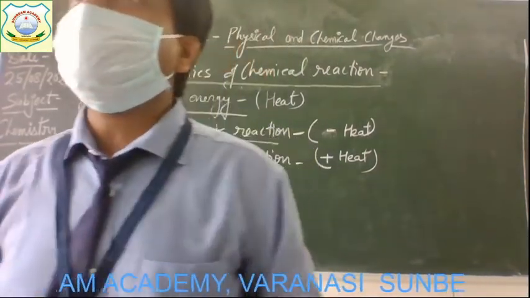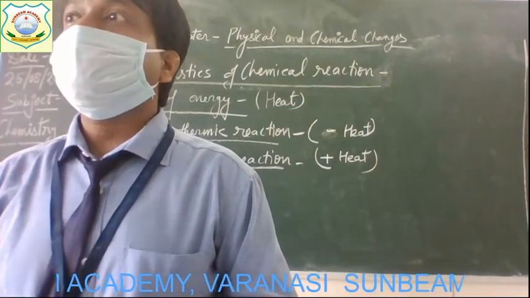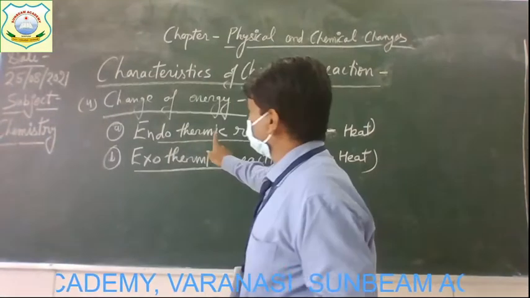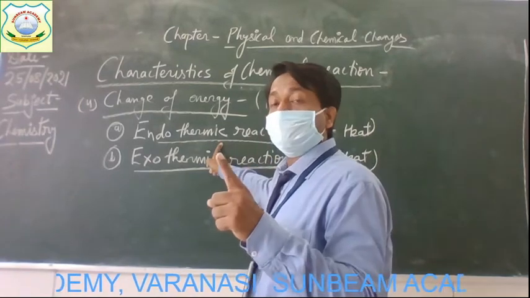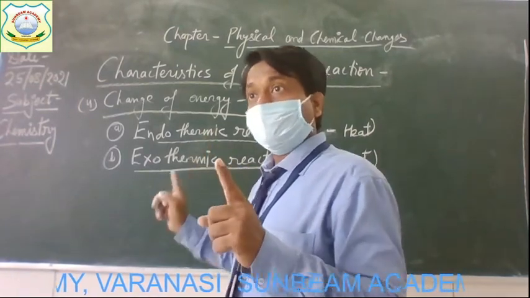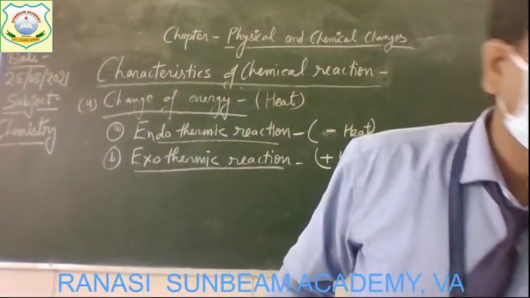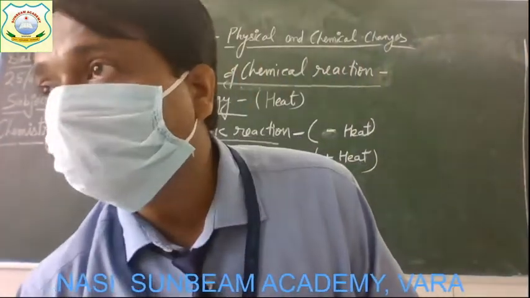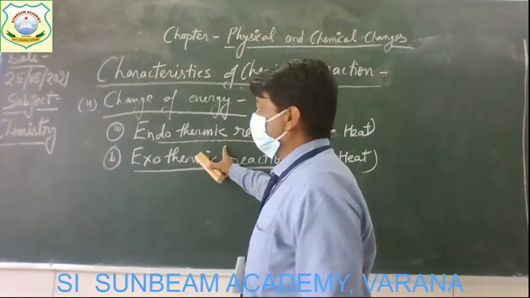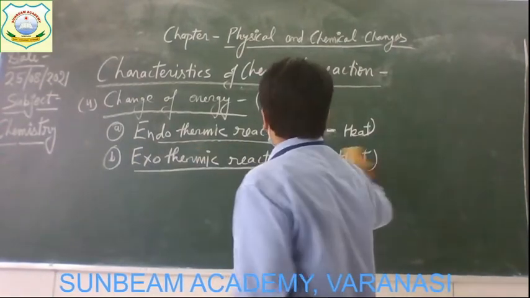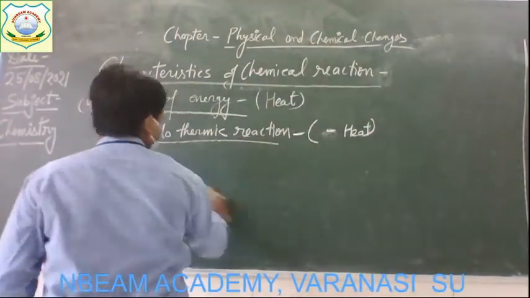So this shows which kind of reaction? Endothermic. Get it? Understood? So we will discuss it with the help of some examples also, one by one. First we'll discuss the endothermic reaction.